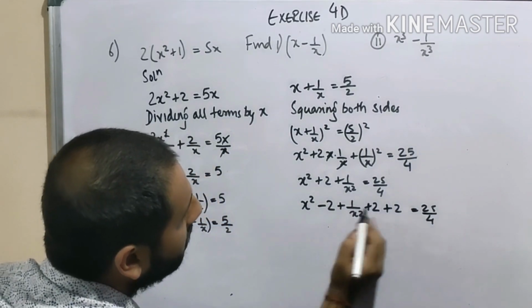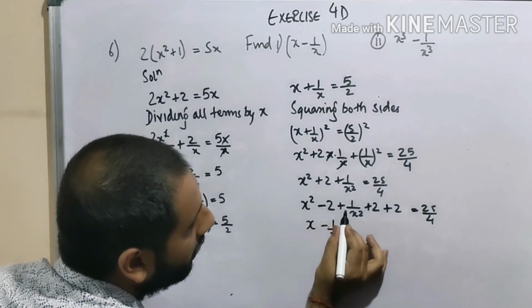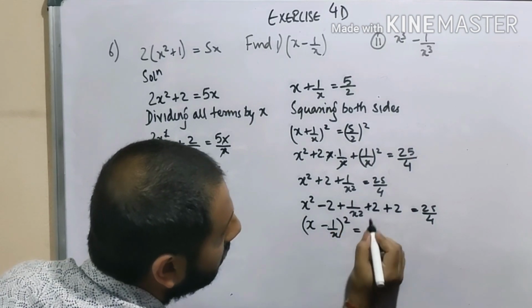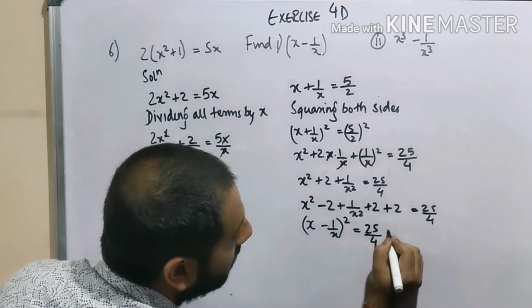Now this becomes x minus 1 by x whole square. See, x square minus 2 plus 1 by x square, this becomes a minus b whole square, is equal to, I'll take 2 plus 2 is 4, I'll take that side. 25 by 4 plus 4.